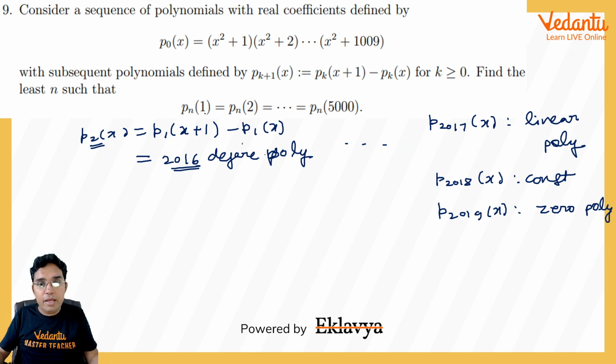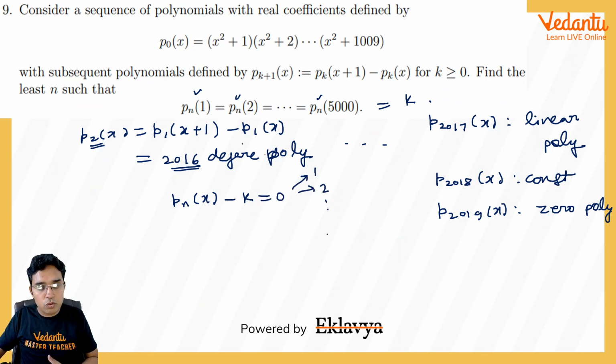Then only we can say these are equal. Suppose this is equal to k. Then pn x minus k will also be a polynomial, and this equal to 0 will give you 5000 roots, 1, 2 and so on to 5000.